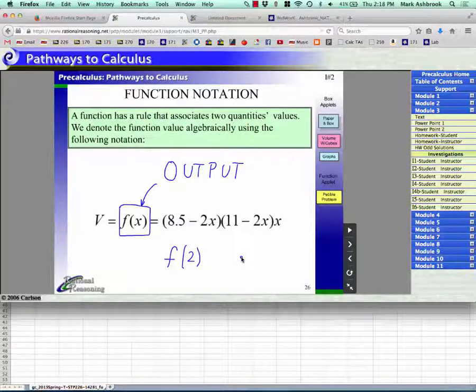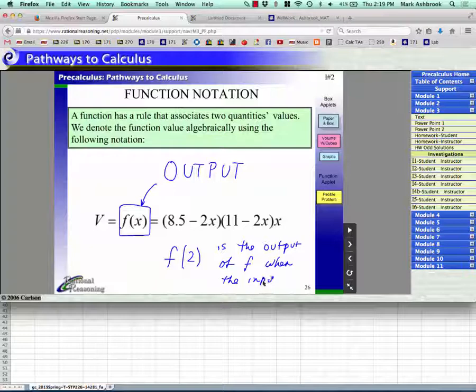We can use f of 2 in any setting to represent an output of f. Which output is it? When the input is 2. That's the way you want to think about it.